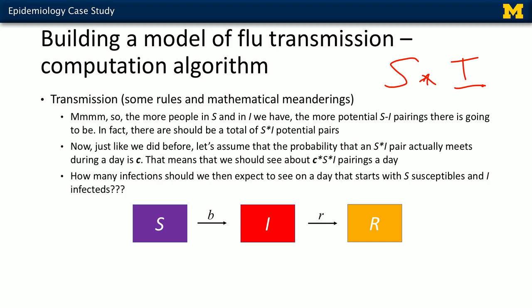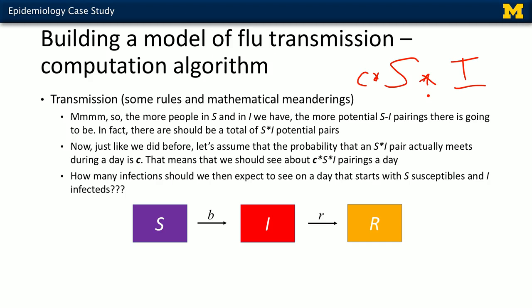So maybe we can have another parameter that we're going to call C, which is the rate at which people meet each other. We're going to multiply all the potential contacts, S times I, by the rate of contact C, right? And once a contact occurs, then with a certain probability, we're going to have a transmission.